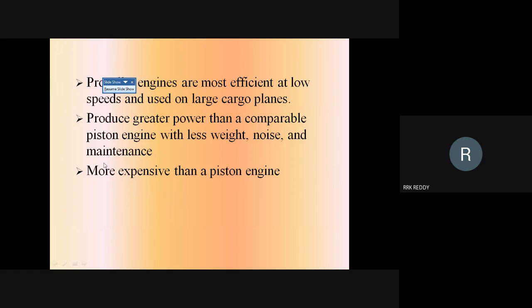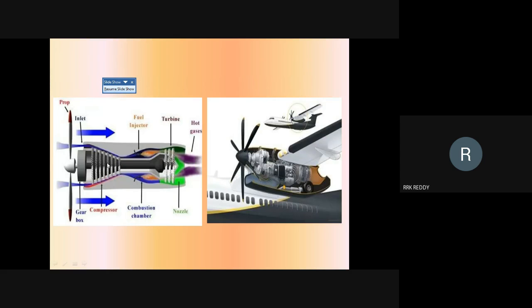The turbine speed is different, the compressor speed is different, and the propeller speed is different. To have different speeds, we arrange all these through a gearing system. This is called the reduction gear. These are the rotors of the compressor, this is the combustion chamber area, these are the turbine rotors, and this is the nozzle.